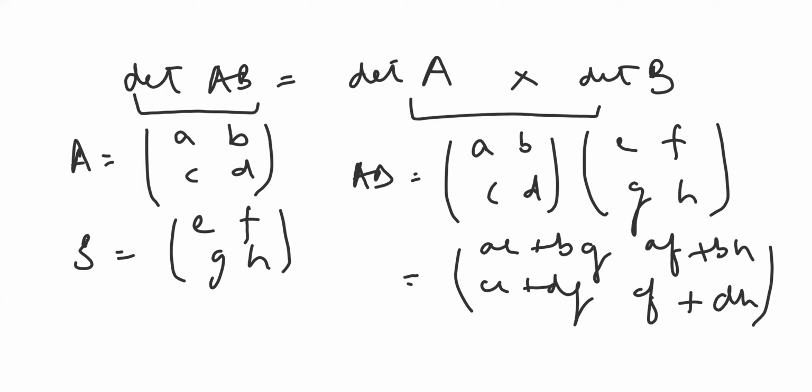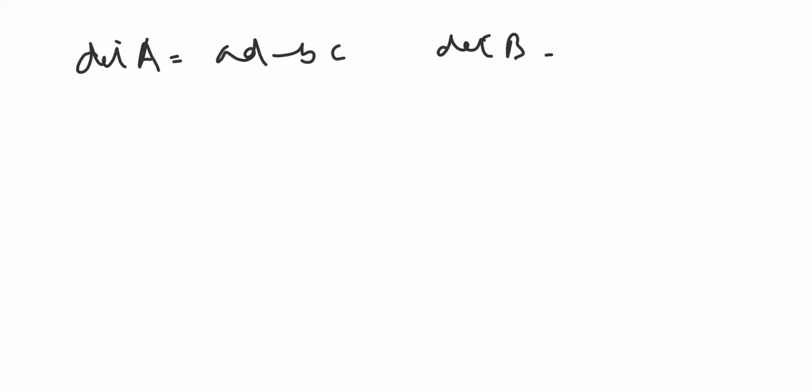Now what else do we need is we need the determinant of AB, we need the determinant of A, and we need the determinant of B. So our determinant of A would become AD minus BC, and the determinant of B would become EH minus FG.